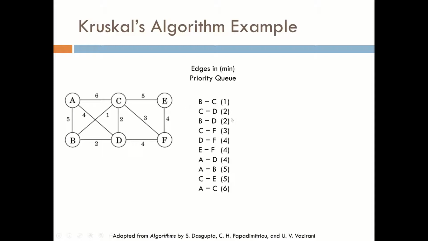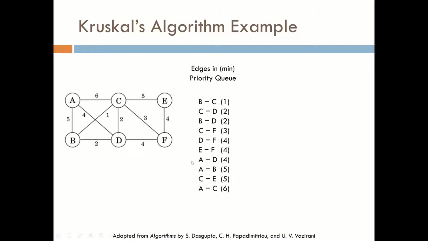Obviously, our priority queue could differ. The order of these could differ when the edge weight is the same. So really having BD above CD would be absolutely fine. Same thing with these three edges. They could be in any order, and these two edges can be in any order.